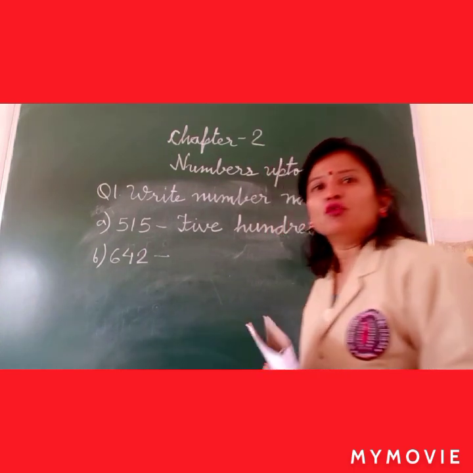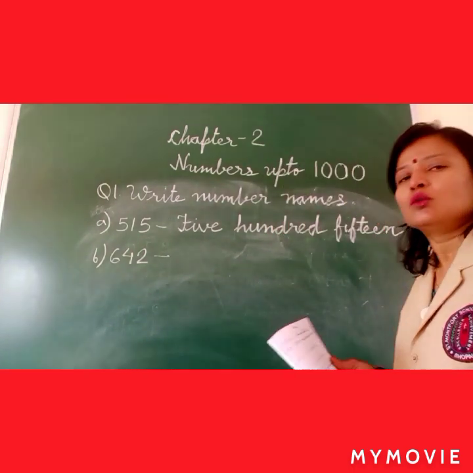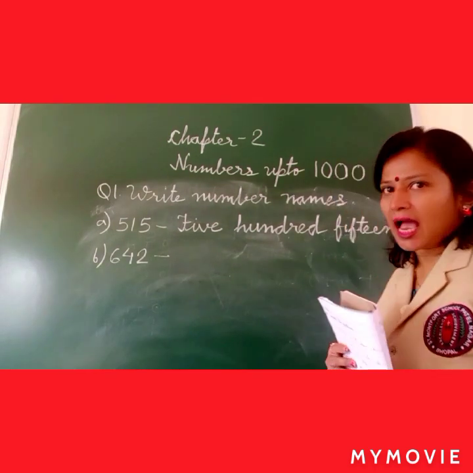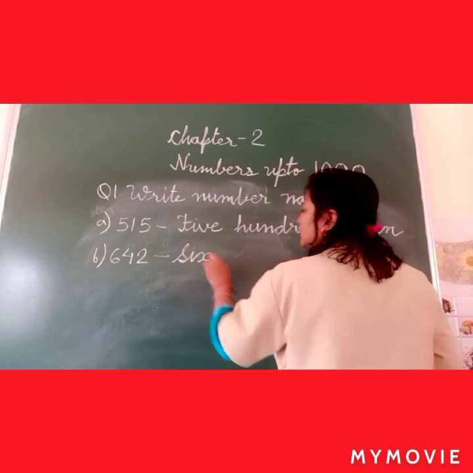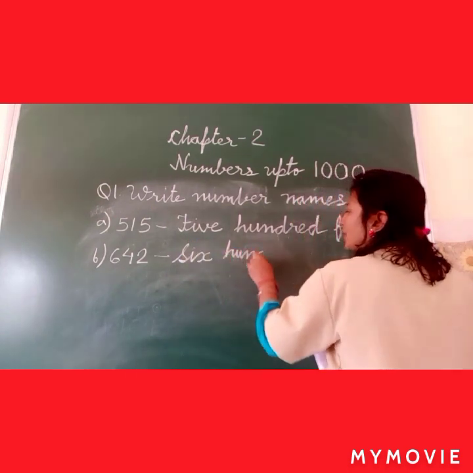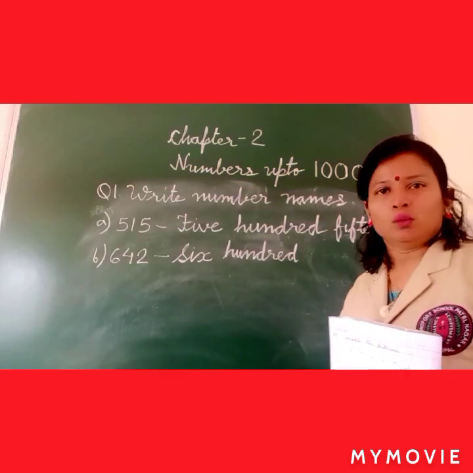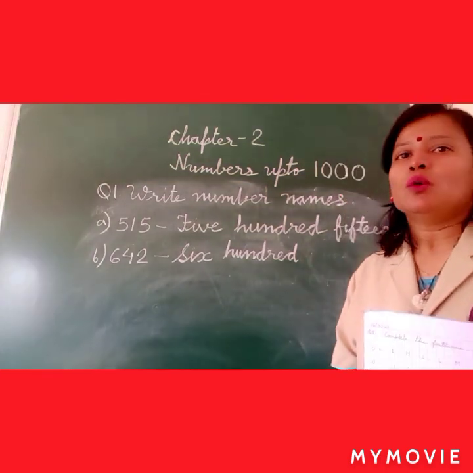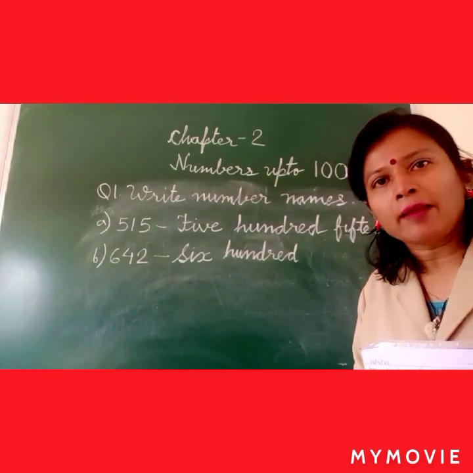Now come to the next number. 642. How you will read? 642. So what is the spelling of 6? S-I-X, 6. Then you will write 100. H-U-N-D-R-E-D, 100. 42. In 42, learn the spelling because few students make the mistake.